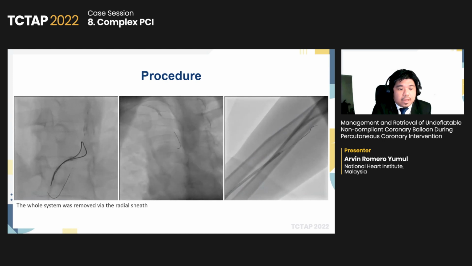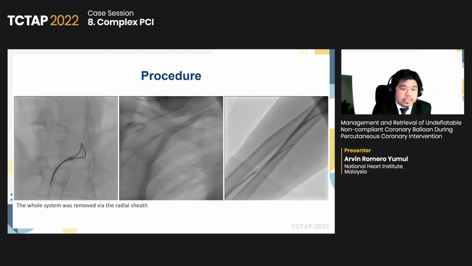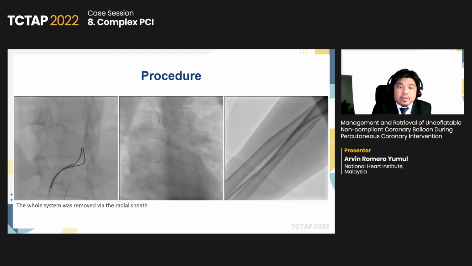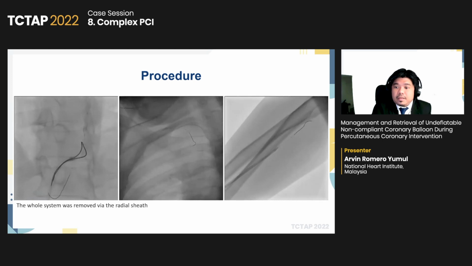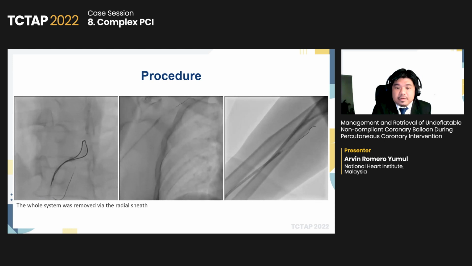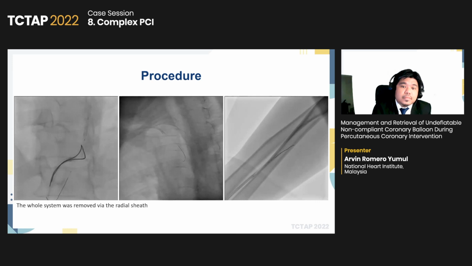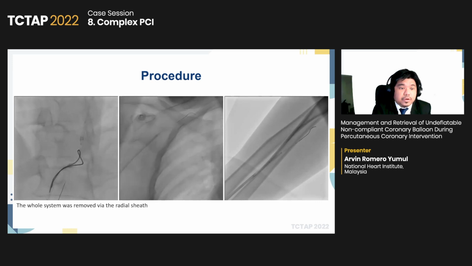After that, we were able to remove the whole system via the radial sheath, including the wire and the balloon inside the catheter, up to the radial access. There was no difficulty at this point.